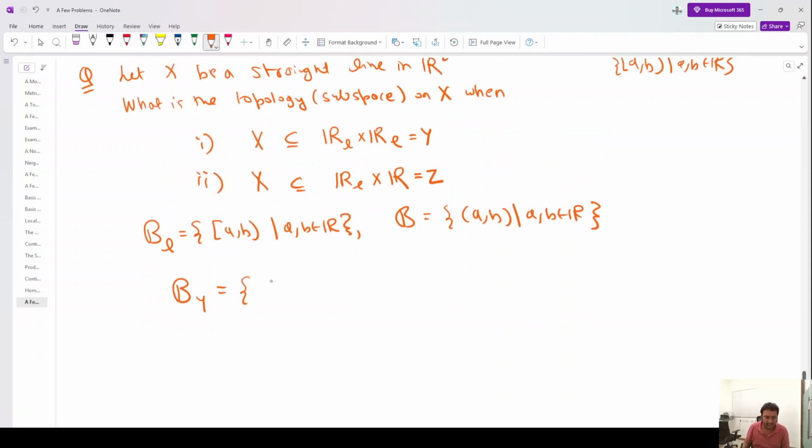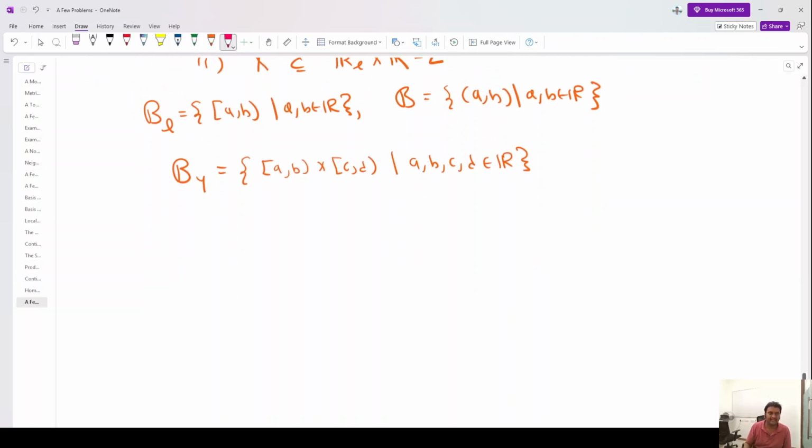So this will be something like this: [a,b) cross (c,d). So these are your basic open sets. Now let us take a line. There are two possibilities when you take a line. Actually, there are many.